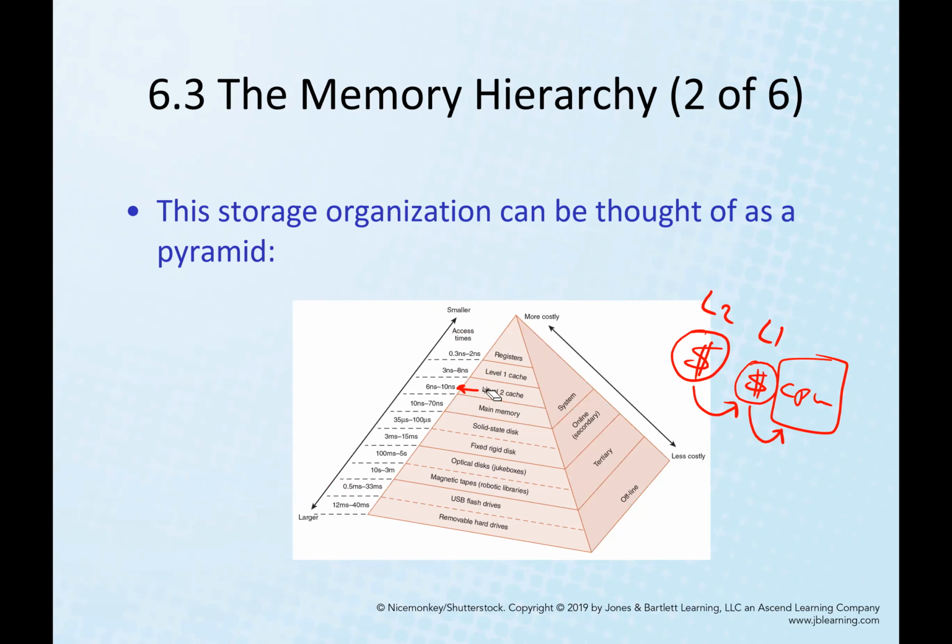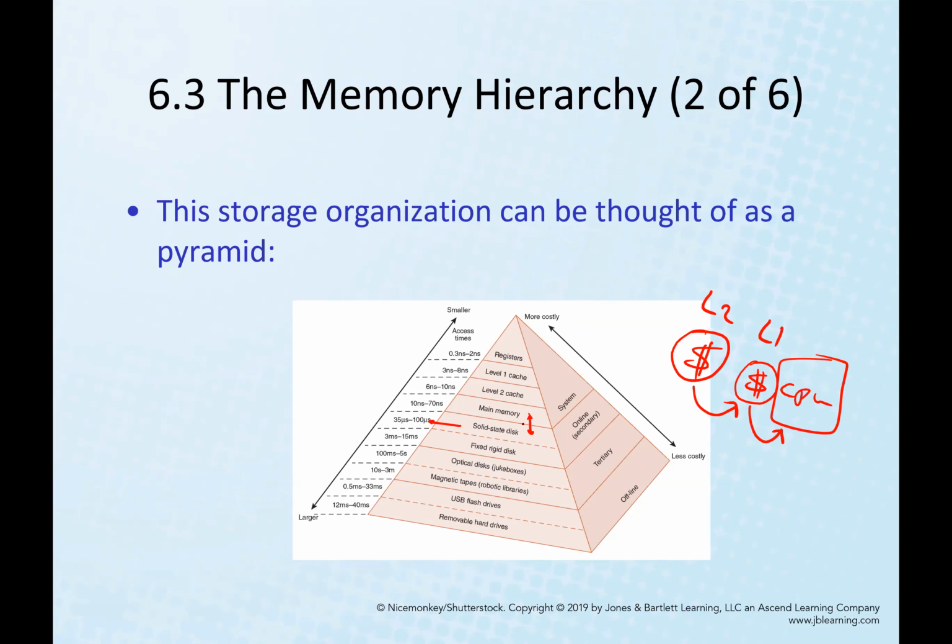After main memory, we have a solid state disk, which is a secondary memory. Now we moved from nanoseconds to microseconds. Why it's here is very important. It shows that just moving one level down decreases the speed by a factor of 1,000.